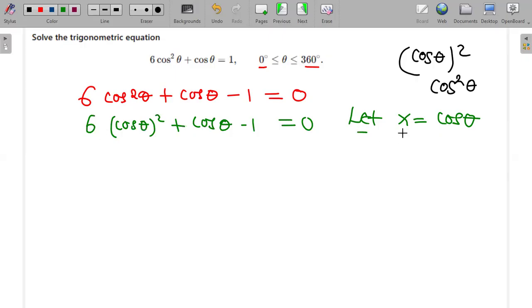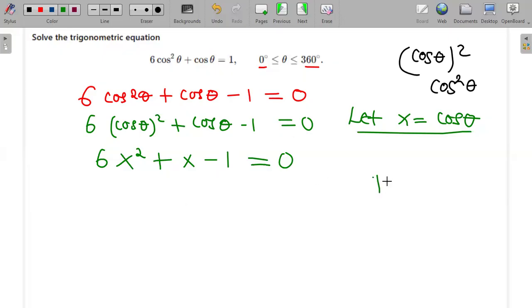So it will be 6x squared plus x minus 1 is equal to 0. Can you fail to solve a quadratic equation? The answer is no. We all know how to solve quadratic equations, right? So let's forget about the trigonometry first and just solve the equation that we have.